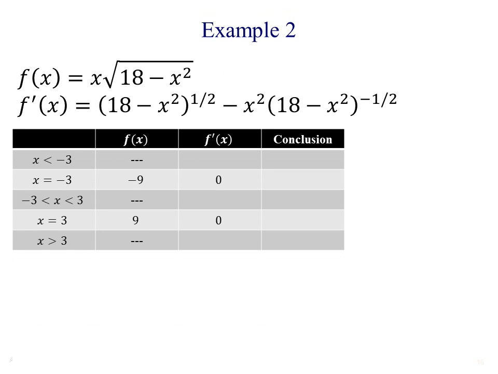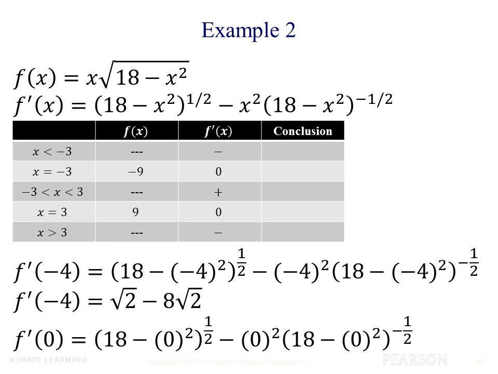The next step is to investigate what the derivative is doing for intervals surrounding these critical points. The value of f at -3 is -9. At +3, it's +9. Since these are the critical points, the derivative has a value of 0 for -3 and +3.